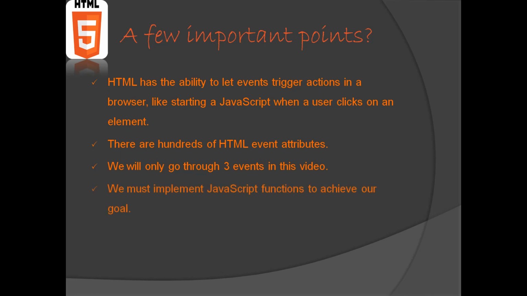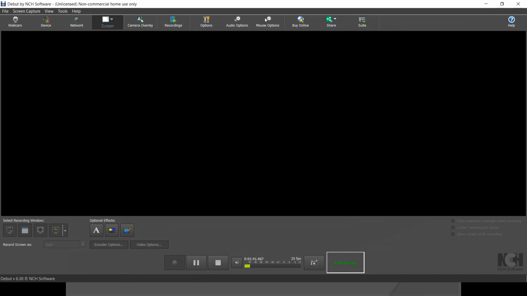And last but not least, we must implement JavaScript functions to achieve our goal. Although this tutorial is designed to teach you HTML, we do need to use some JavaScript functions. So without further delay, let's go ahead and start coding.